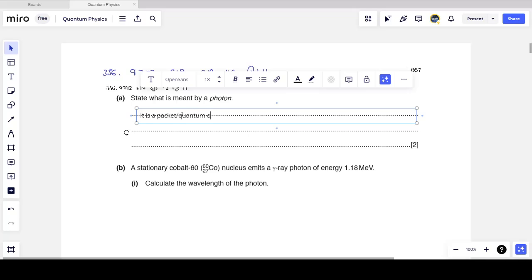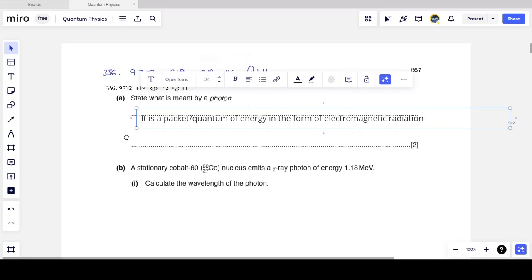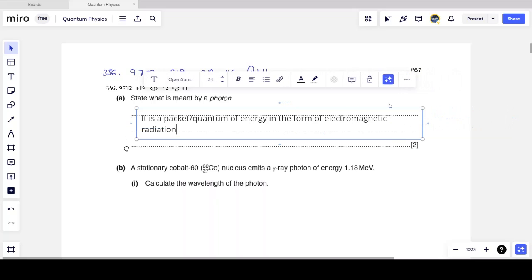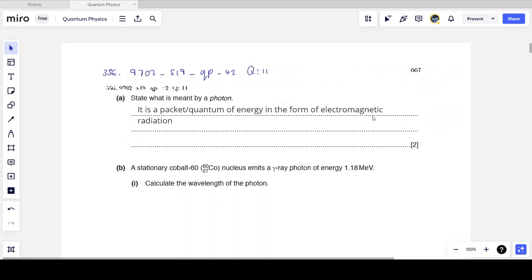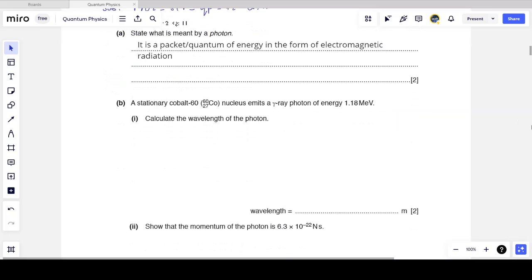A quantum, a discrete amount of energy, and specifically, when that energy is in the form of electromagnetic radiation. So it's a quantum or a packet of energy in the form of electromagnetic radiation, and this is how we would describe what a photon is.